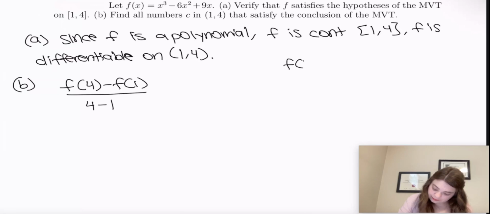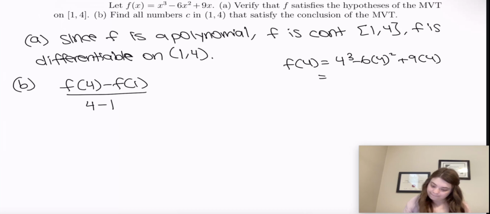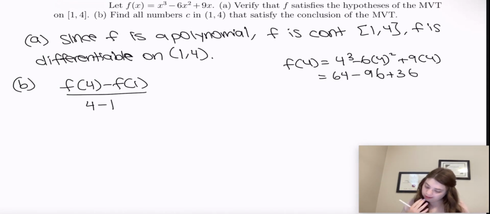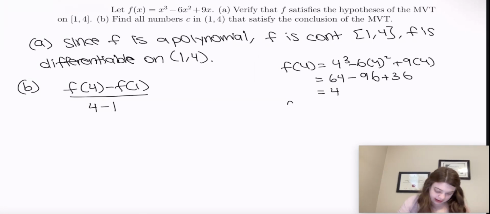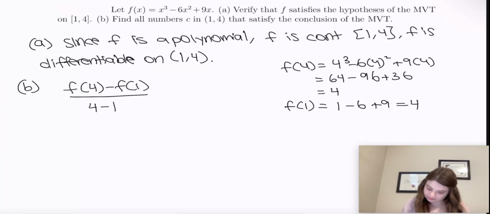So f of 4 is going to be 4 cubed minus 6 times 4 squared plus 9 times 4. And that's going to be, let's see, 64 minus 6 times 16, which is 96, plus 36. So overall, that is going to be, looks like 4. Okay, and then f of 1 is going to be 1 minus 6 plus 9, which is also 4 as well.